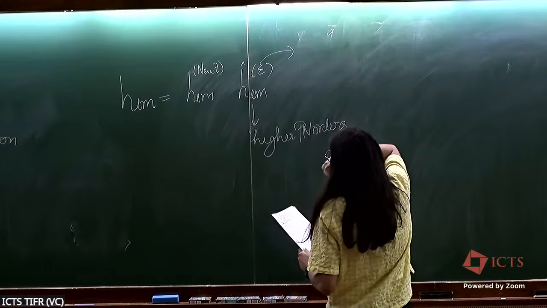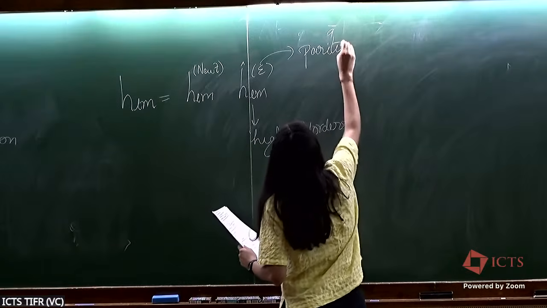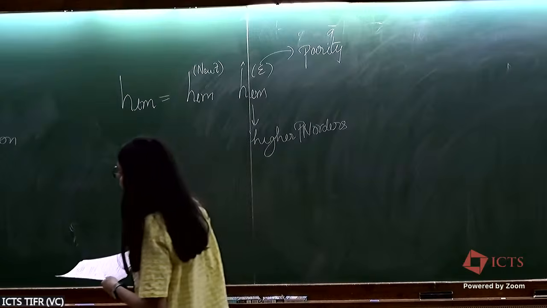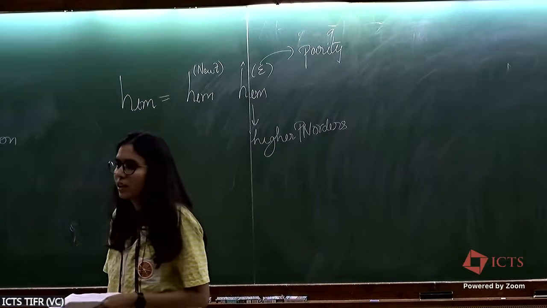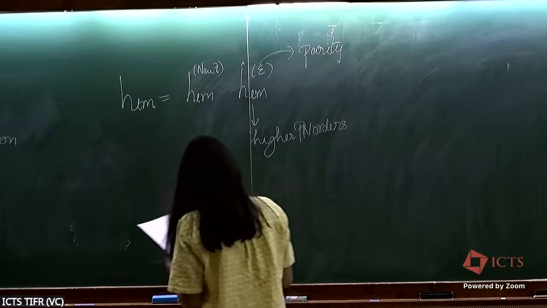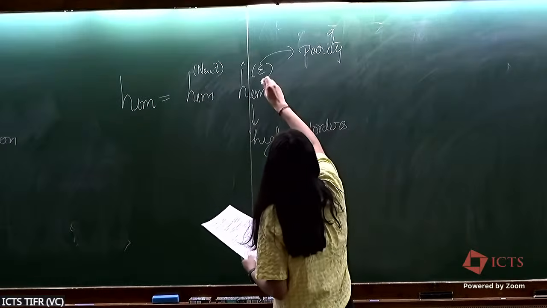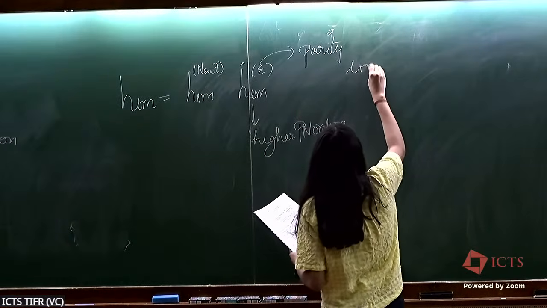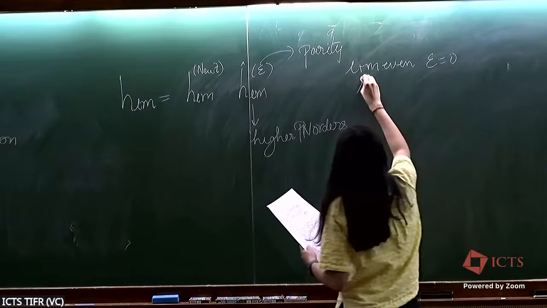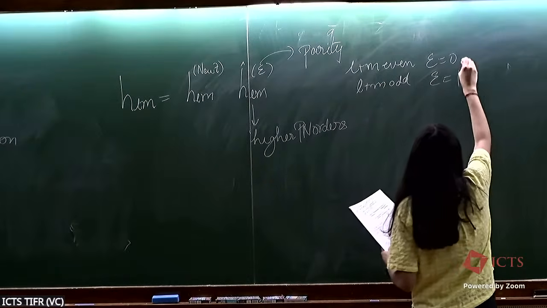What does this denote? It denotes the parity of the system or the parity of the mode. There could be two kinds of multipole moments which can generate the fluxes, the mass multipole moments or the current multipole moments. I'm not sure if you studied that in the PN course, but it's the same as in electrodynamics as well. If L plus M is even, we have epsilon equals 0, and if it is odd, we say epsilon equals 1.